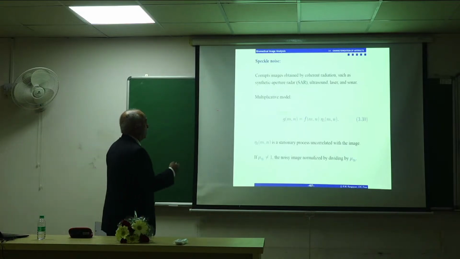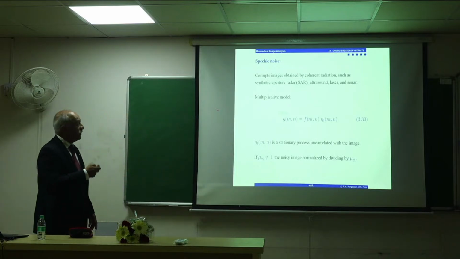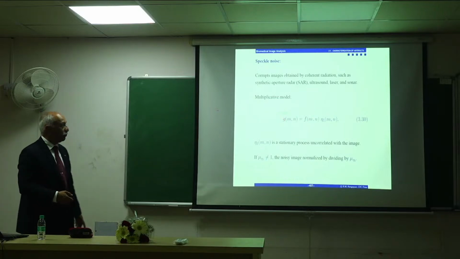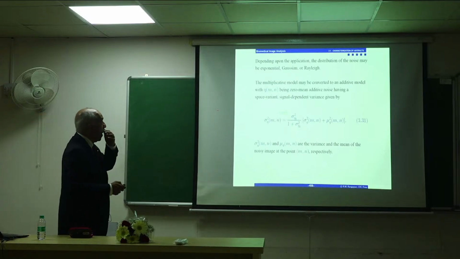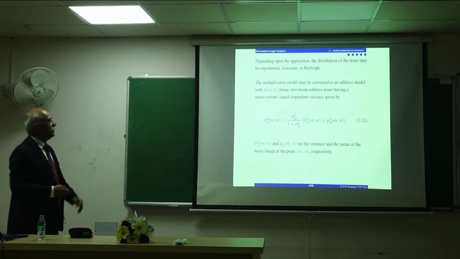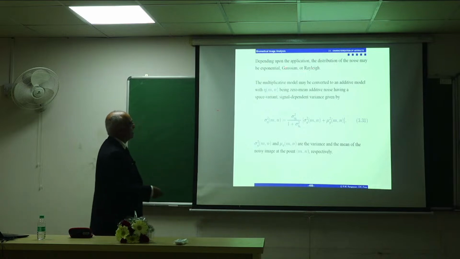In synthetic aperture radar, speckle noise is encountered, which is again multiplicative. g(m,n) is f(m,n) times eta 1. The distribution in this case is typically not Gaussian. It could be exponential or Rayleigh or Gaussian sometimes.